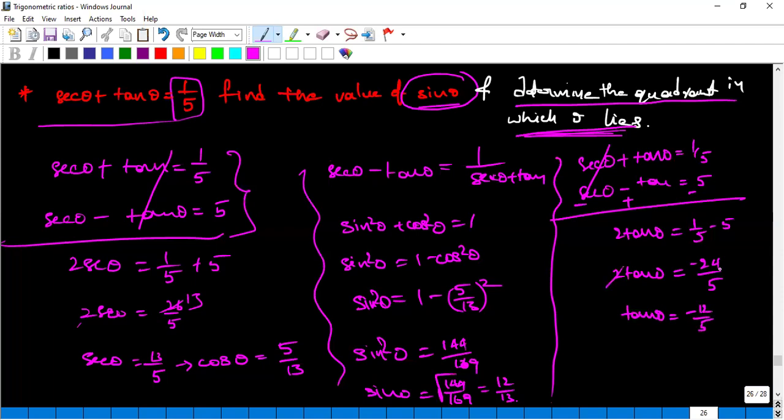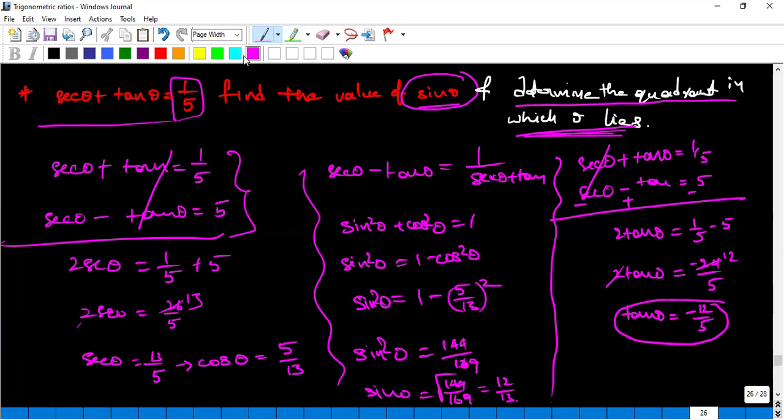Why 12? 2 ones, 2 12s. So I am getting tan theta as minus 12 by 5. But how to find out which quadrant it is?